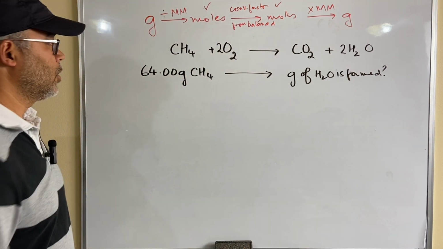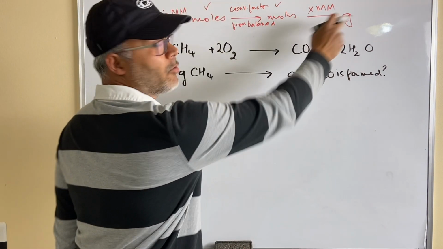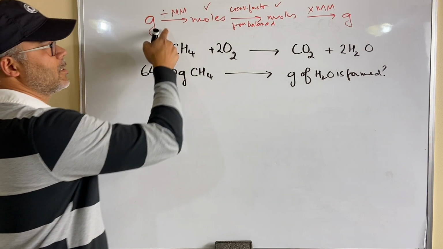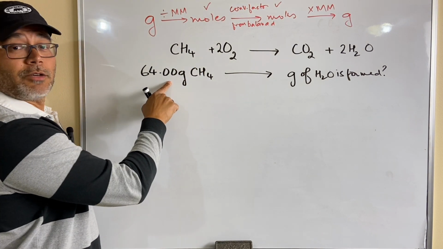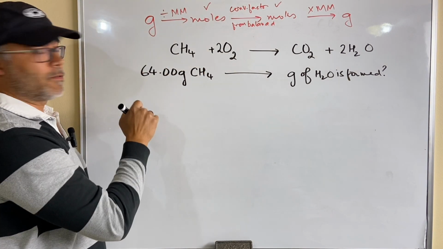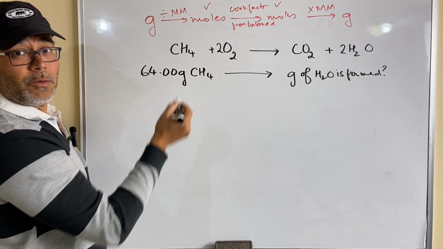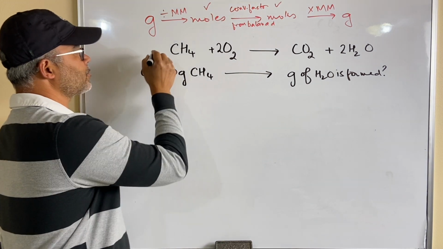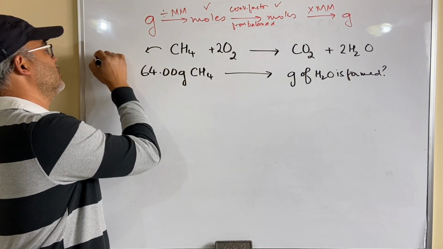So we're going to go straight from here to there. First step, we have to change the grams of CH4 to moles of CH4. For that, we need the molar mass of CH4. So let's calculate that out here.